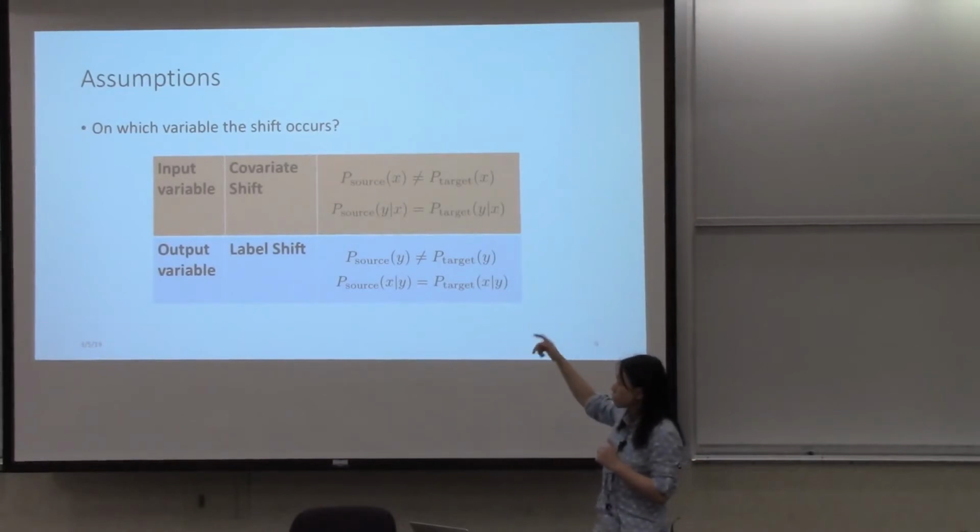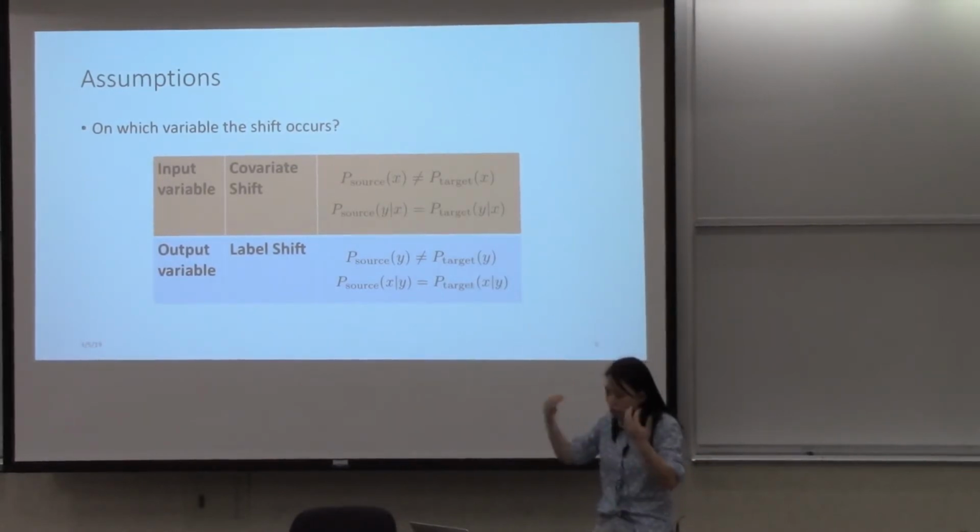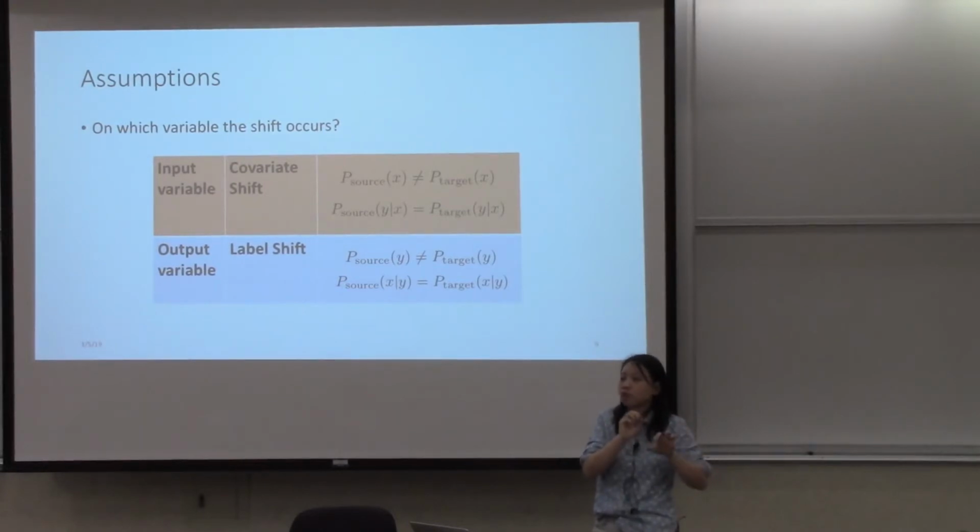So these are two ways to make some specific assumptions, not in general, about where the shift happened.